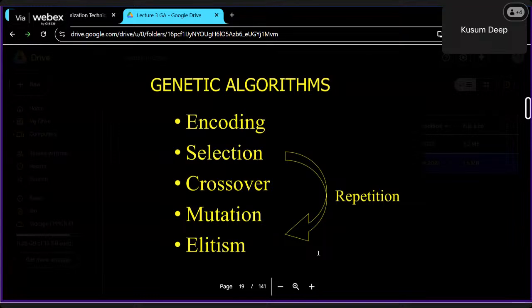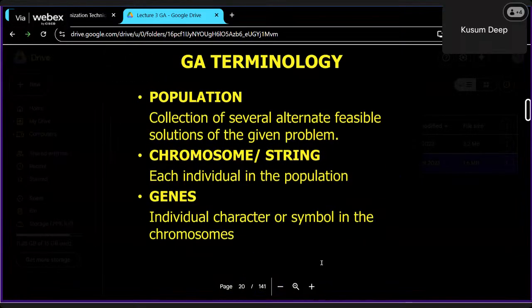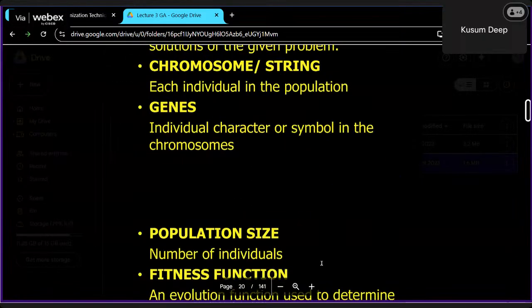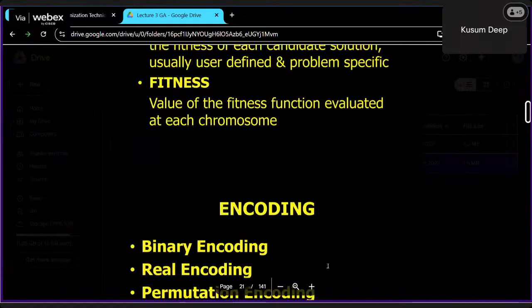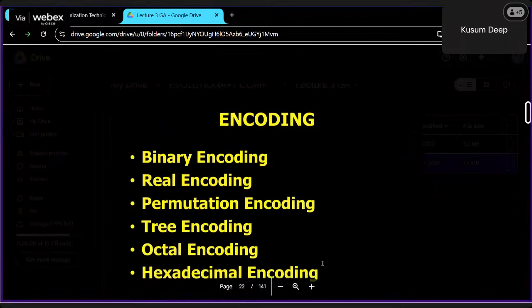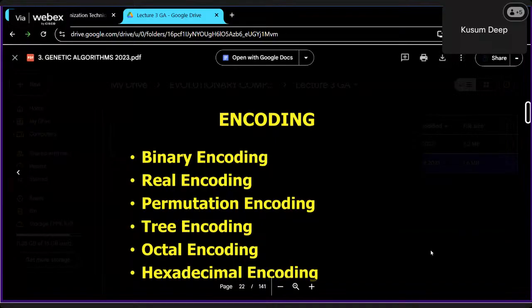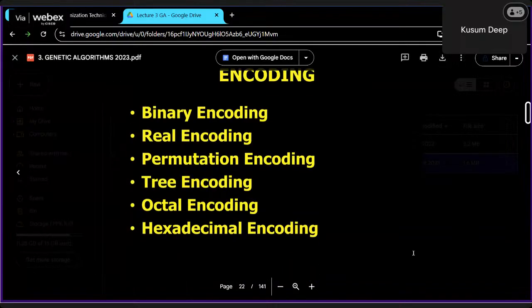Then we looked at the main operators which a standardized genetic algorithm has, that is encoding, selection, crossover, mutation, and elitism. We then moved on to the terminology for the various terms that are related to genetic algorithms. The first thing we need to study is the encoding. And as I told you, there are many kinds of encoding.